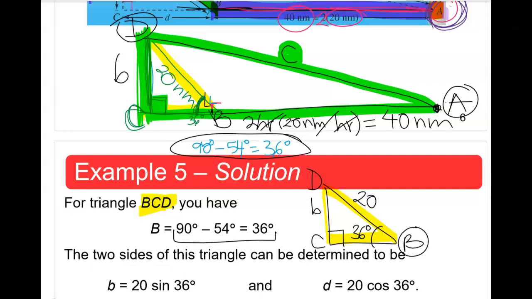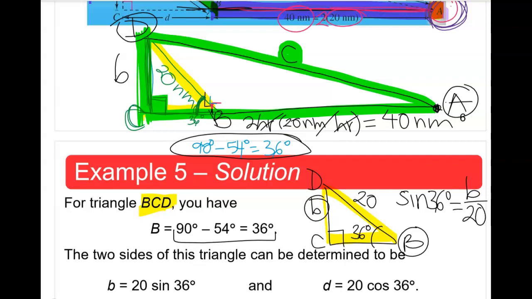And one thing we could do, we have the angle 36 degrees. We're looking for the opposite side to it. And we have the hypotenuse as well, which is 20. So the trigonometric function that comes to my mind, or ratio, will be sine of 36 degrees is going to be opposite, so it's b divided by hypotenuse, which is 20.